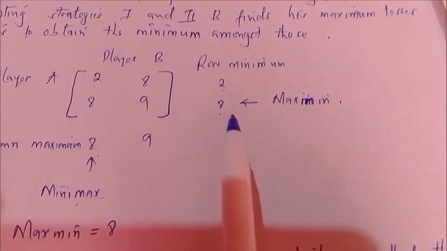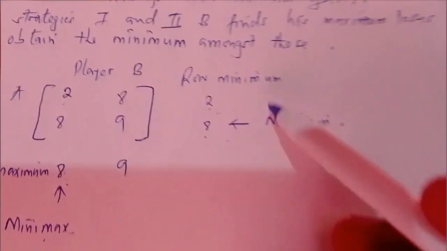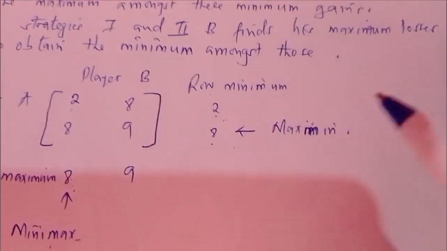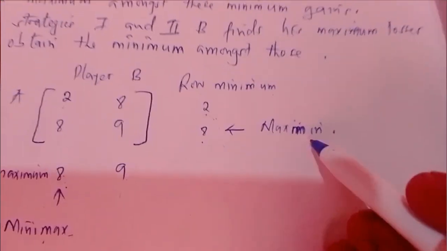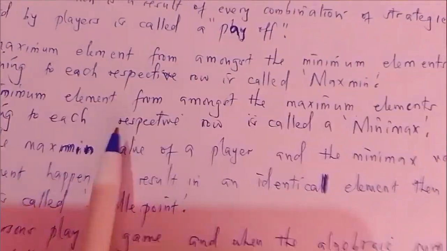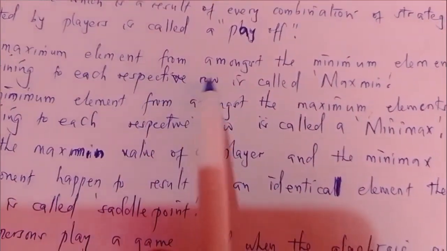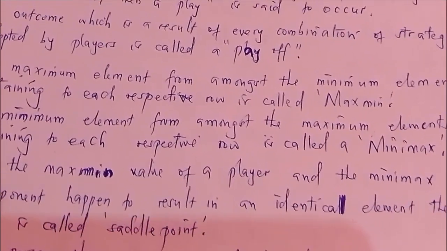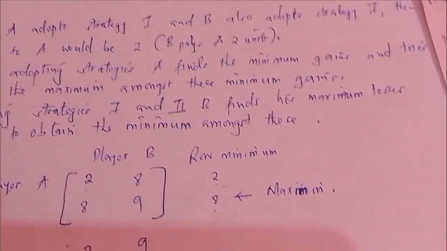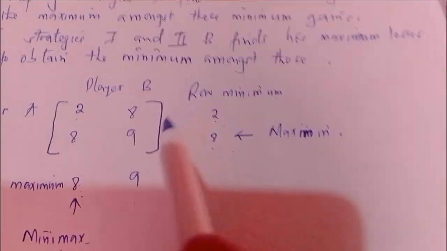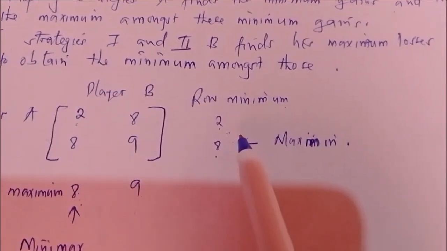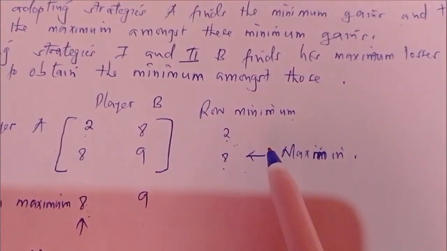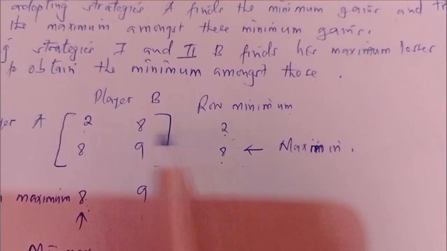Are you getting it? Then from the row minimums, we obtain the maximin, the maximum element from the minimums. I can confirm that the maximin is the maximum element from amongst the minimum elements pertaining to each respective row.